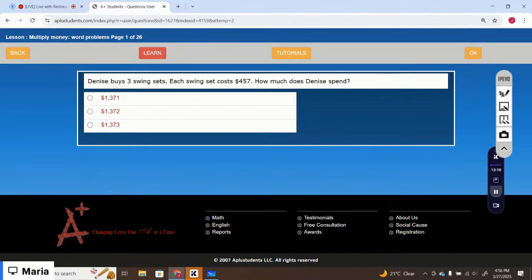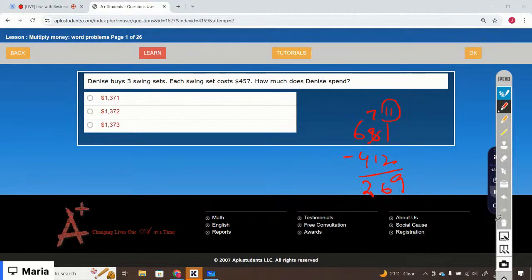Dennis bought three swing sets. Each set costs 457. How much does Dennis spend? So 457 times 3. 3 times 7 is 21. 3 times 5 is 15 and 2 is 17. 3 times 4 is 12 and 1 is 13.